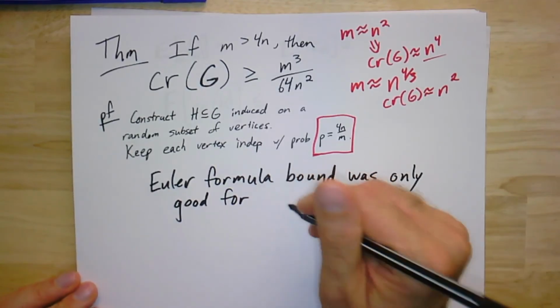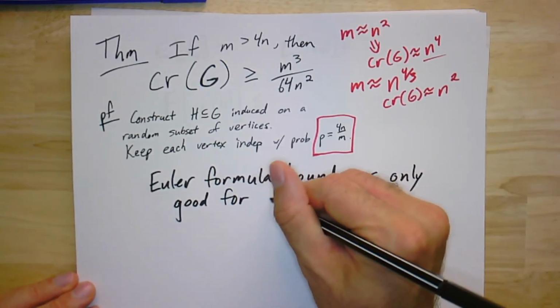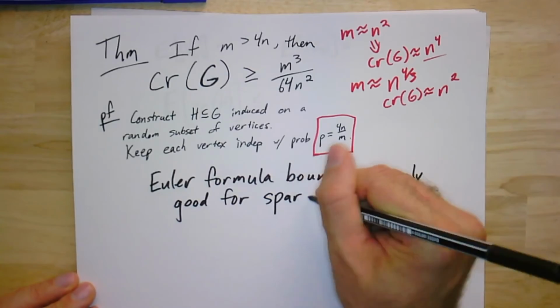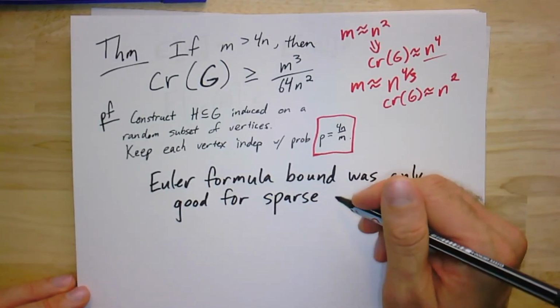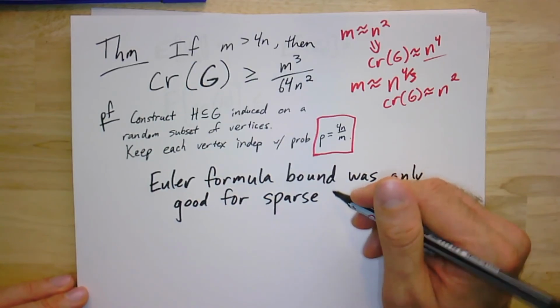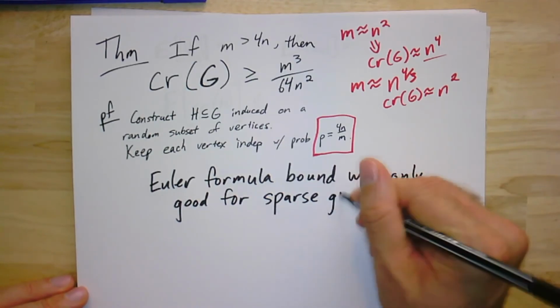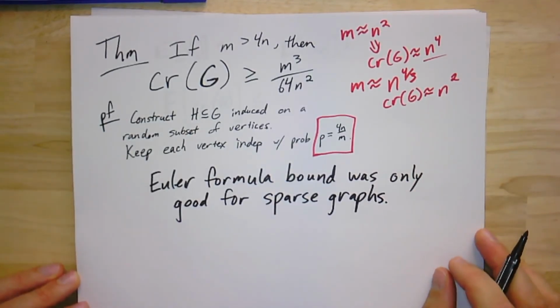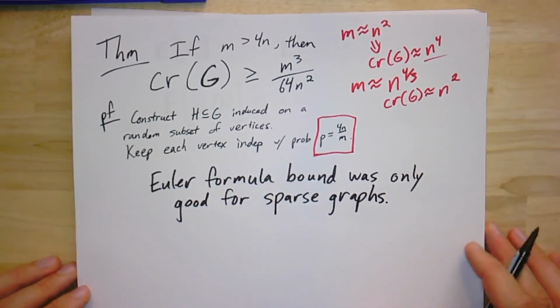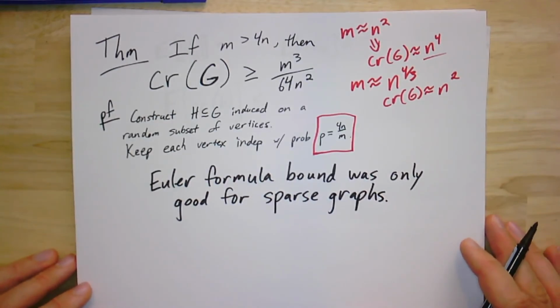And we saw that for dense graphs, it was clearly way off. So if G is not sparse, and we want a better bound, a bigger lower bound on the crossing number, it makes sense for us to find sparse graphs inside G.